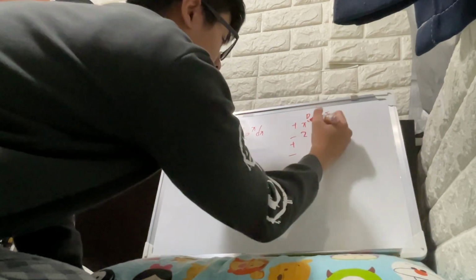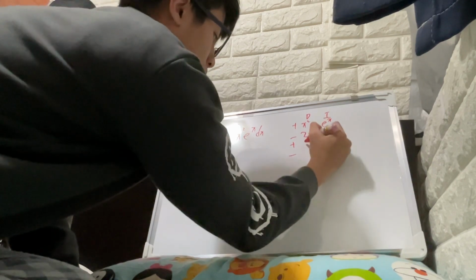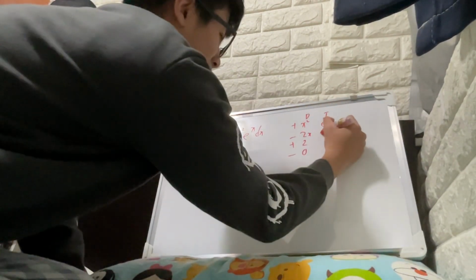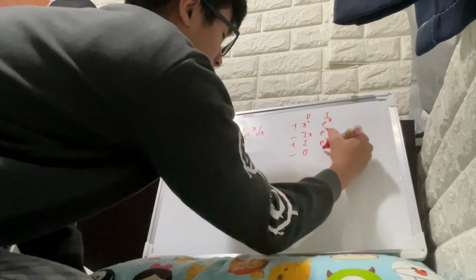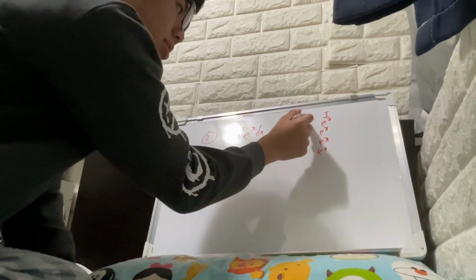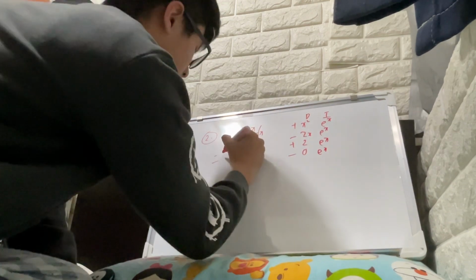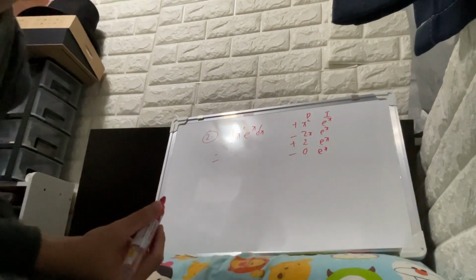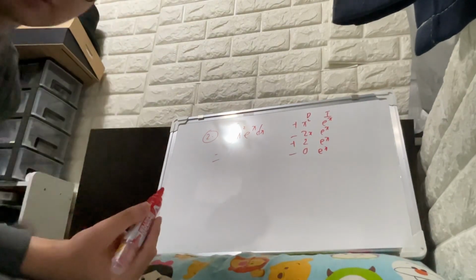To differentiate x squared, you get 2x, do it again you get 2, do it again you get 0, and then integrating, you keep getting e to the x, e to the x, e to the x. So you multiply diagonally, because you see the 0 is in the D column, so this is the first step of the DI method.